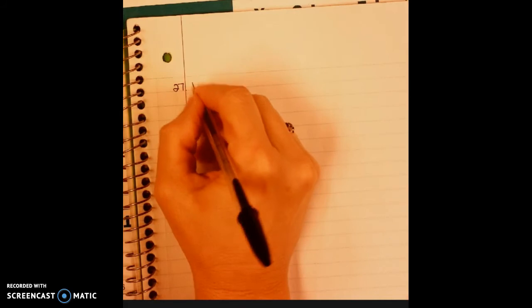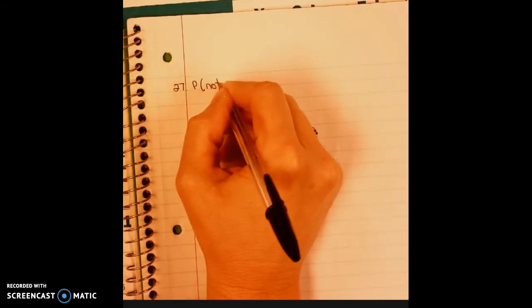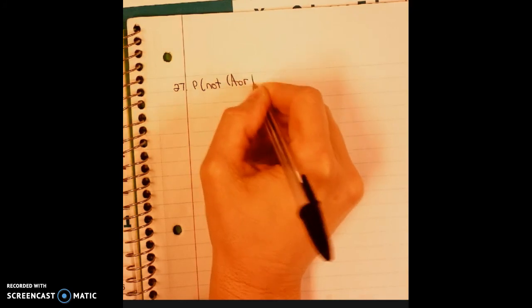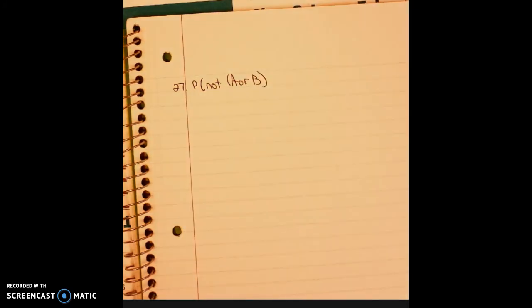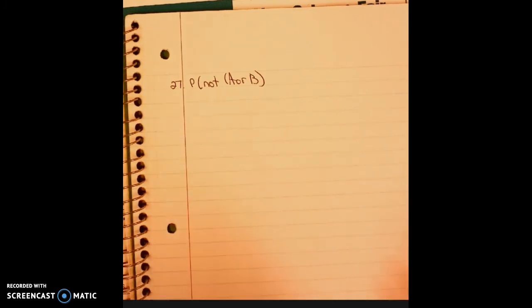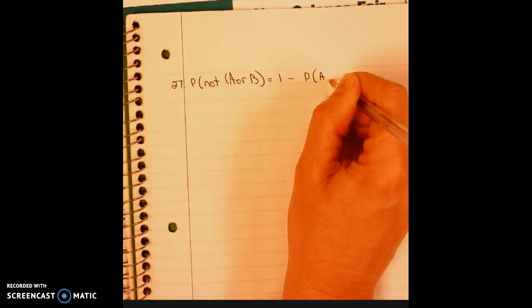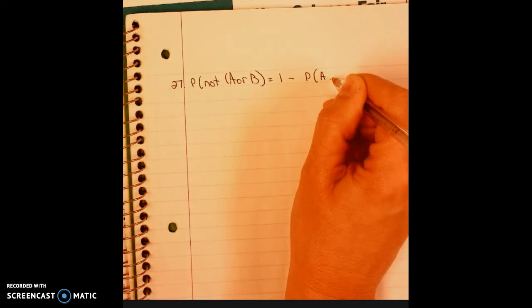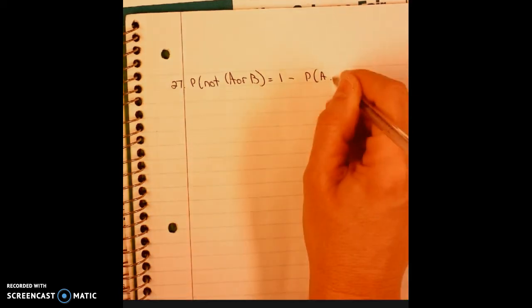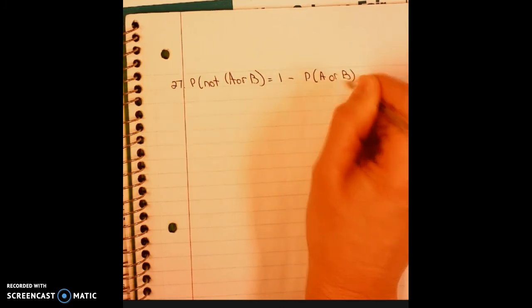27. They want us to find the probability of not A or B. So not A or B is the complement of having A or B. So I'm going to go and find the probability of A or B, and then I'm going to subtract it.